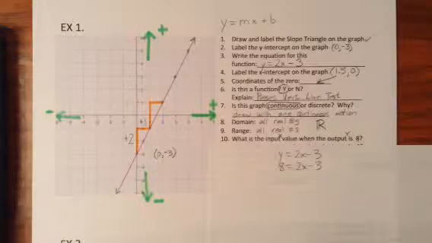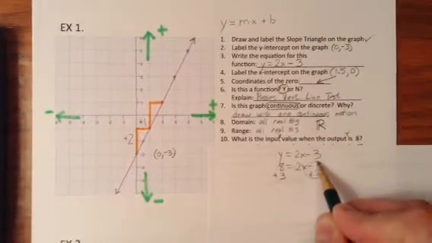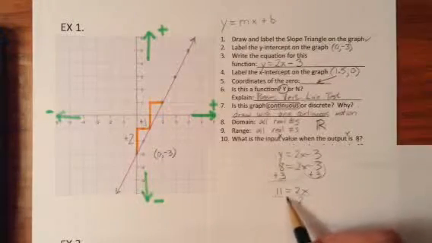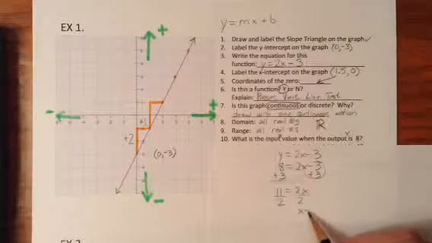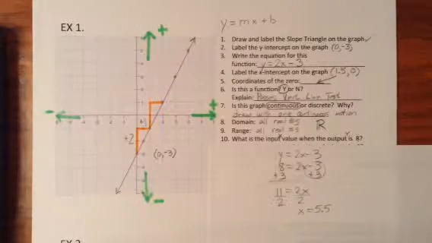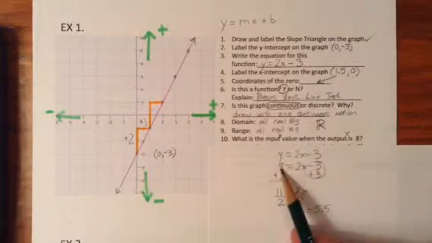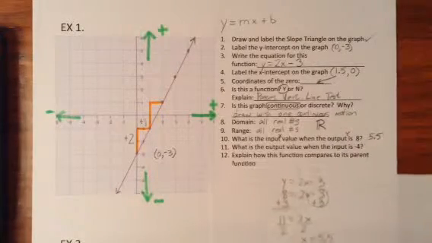You would need to solve for x. And hopefully you're comfortable doing that. I get 11 is equal to 2x, divide by my coefficient, and half of 11 is 5.5. So, what is the input when the output is 8? I check it, and indeed it is 5.5.